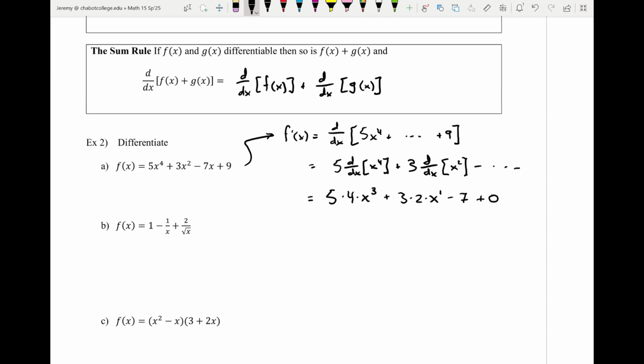When I take the derivative, it's just going to go to 0. So my answer, f prime of x, is going to be 20x cubed plus 6 x to the first power minus 7.